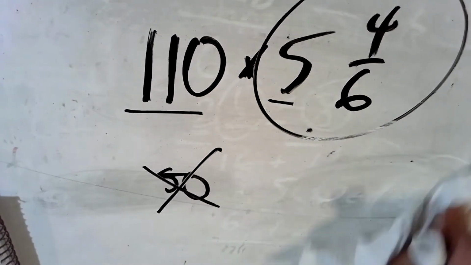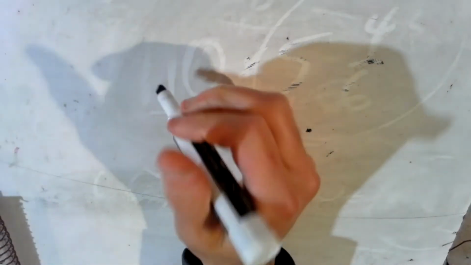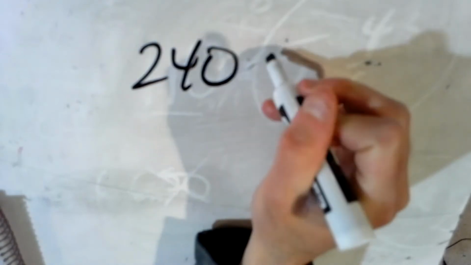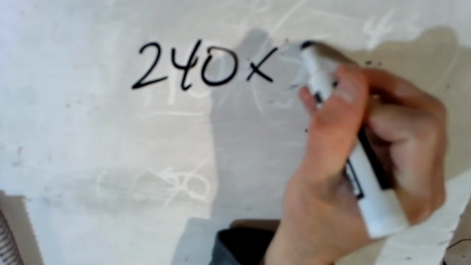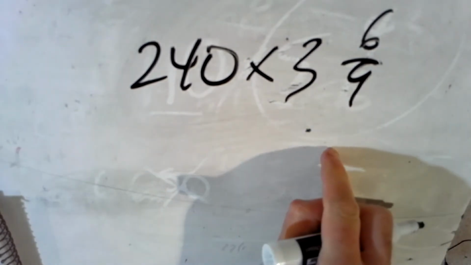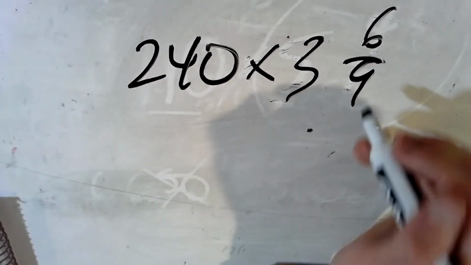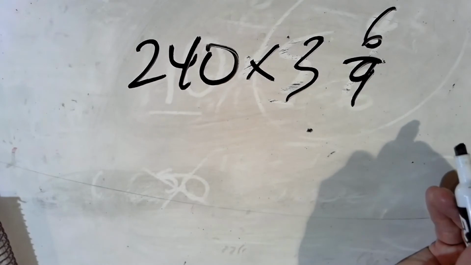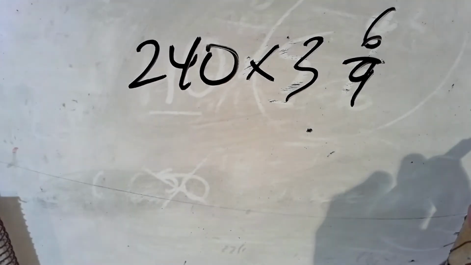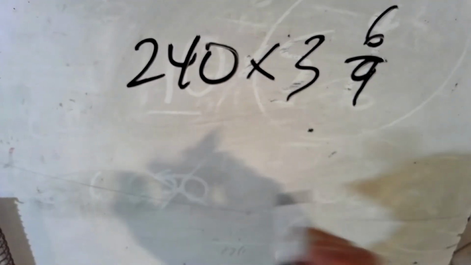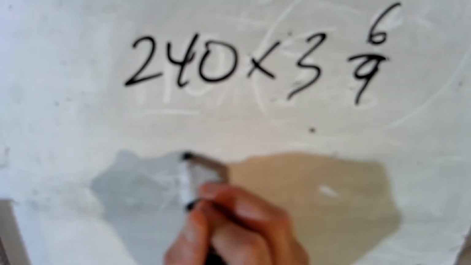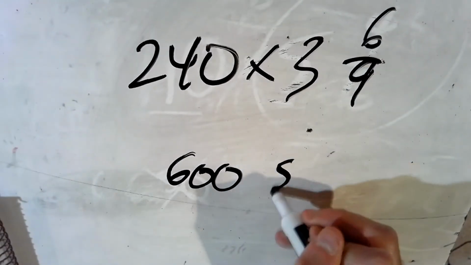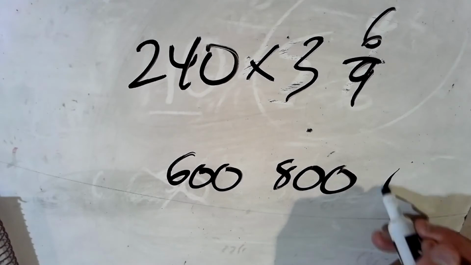Let's do one more. I'm going to see if you guys can figure this one out. The best estimate. We're just estimating here. 240 times 3 6/9. We know 3 6/9 is not quite 4, but it's more than 3.5. The options are 600, 800, and 1,000.